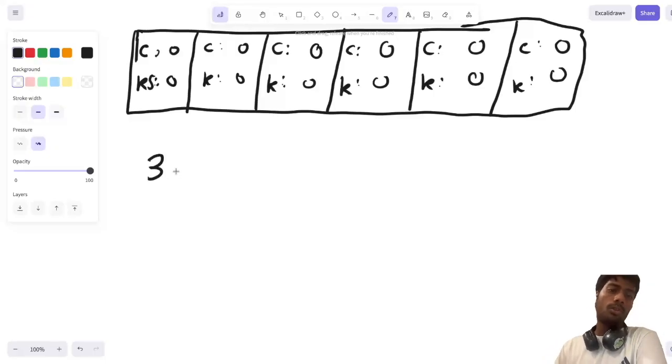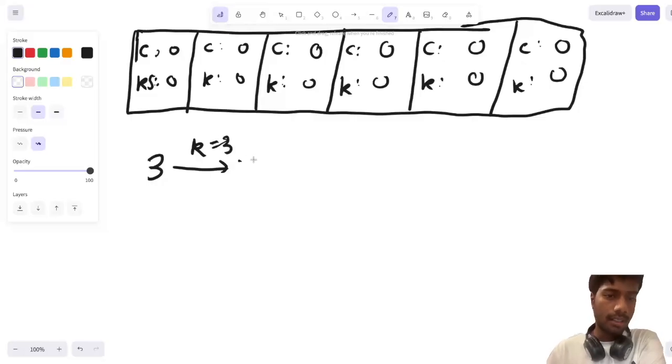Okay, so before inserting 3 into this, first we'll produce k indices using hash functions, and we'll map this out to, let's say for now k is also 3, to 3 indices. This is 0, then 1, then 2, and a 3, and a 4, and a 5. And currently our indices are 0, 3, and 5.